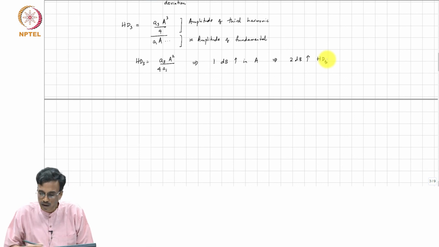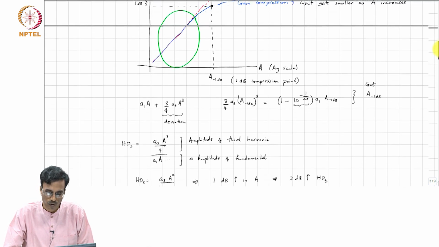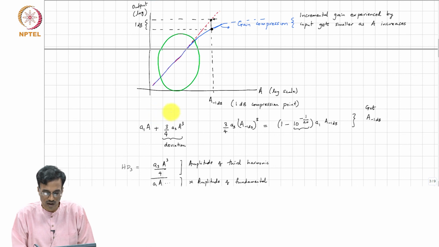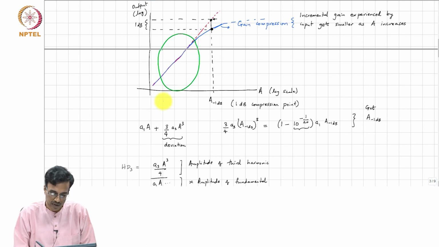All right. And so, therefore, if I plot the strength of the third harmonic, well, that will basically go up like this, right.